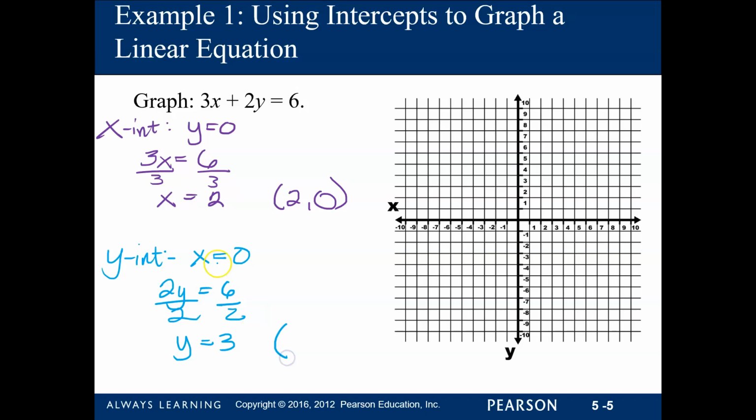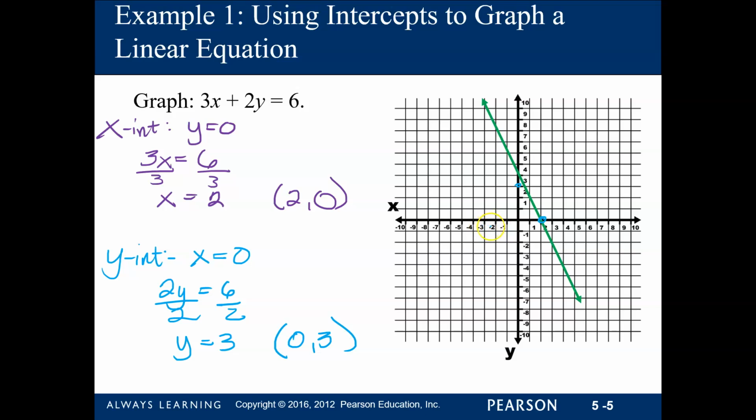So when x is 0, the y value is 3. It's going to be here, and the other point is at (2, 0), which is going to be here. Once you connect those 2 points, then that is the line that we will have.